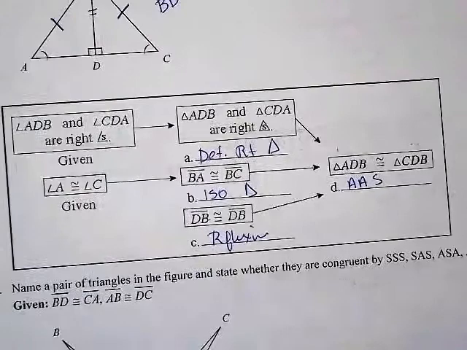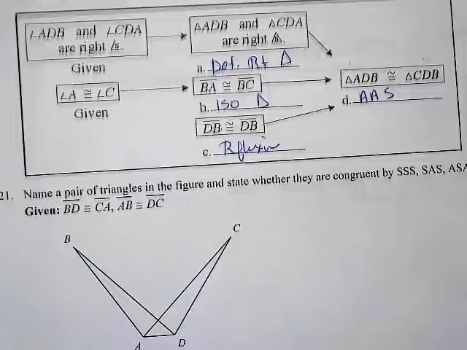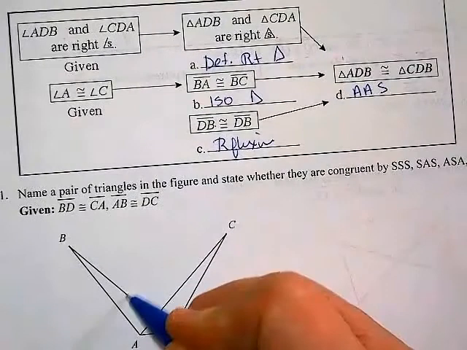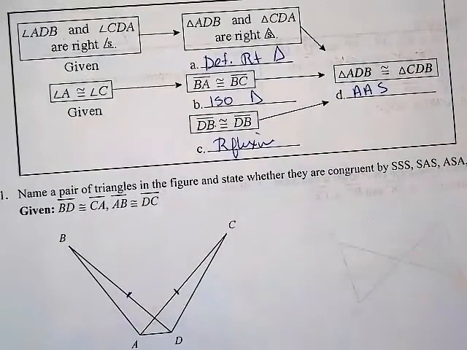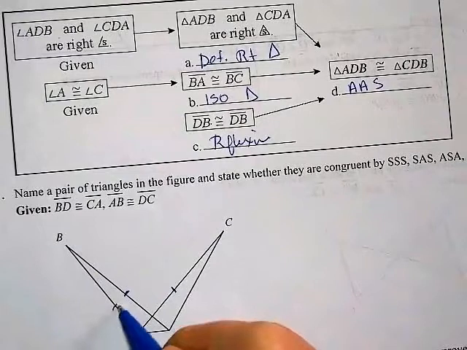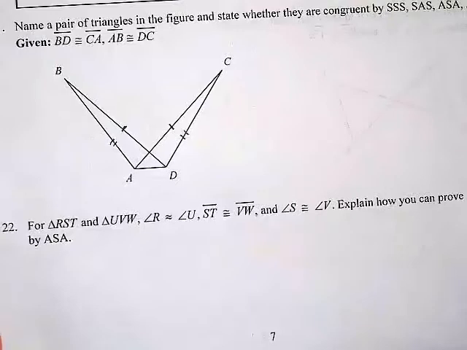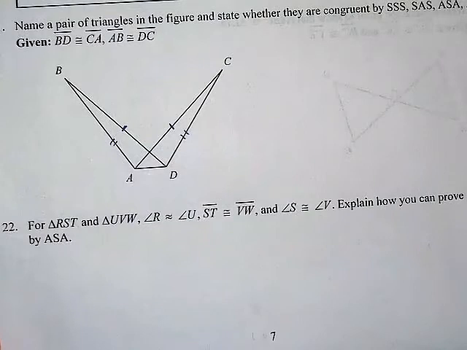Name a pair of triangles in the figure and state whether they are congruent. Given that BD is congruent to CA and AB is congruent to DC. Now look in that picture. Is there a side of these triangles that's shared?